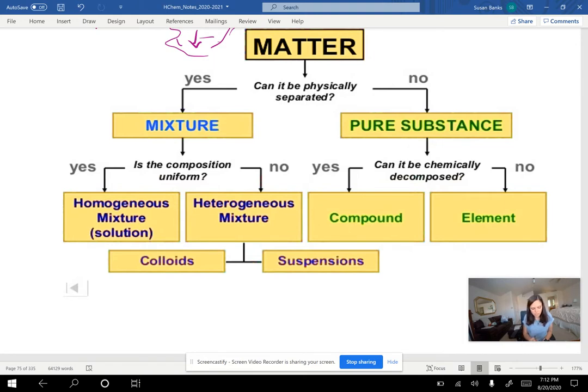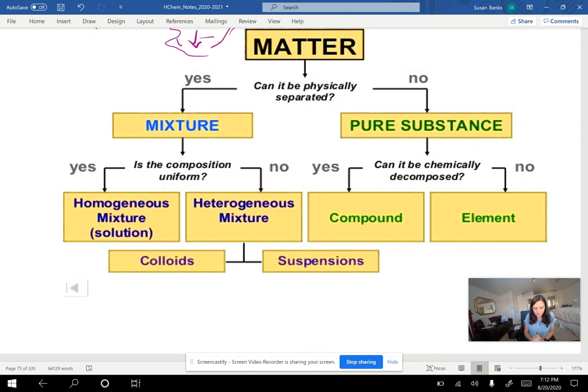Let's go back to our mixtures. Mixtures can be physically separated. Is the composition uniform? If it's uniform, then it's a homogeneous mixture. Homo, remember, means same, so it would be uniform. If it's not uniform, we have a heterogeneous mixture. And heterogeneous mixtures are classified on what kind of size of particles they have.